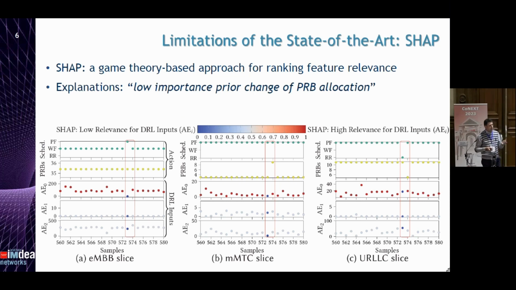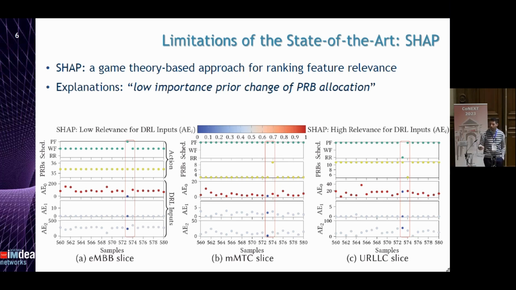And on the top part of the plot, the action that was actually taken, split between physical resource block and scheduling policy that was chosen. Here, and we find this consistently across experiments, we were able to pinpoint that whenever we got a low relevance from SHAP, that was an indication that something was changing in the network.